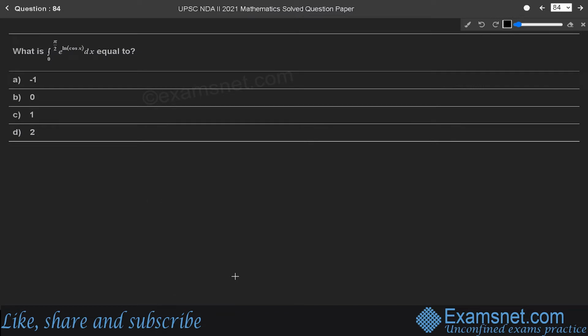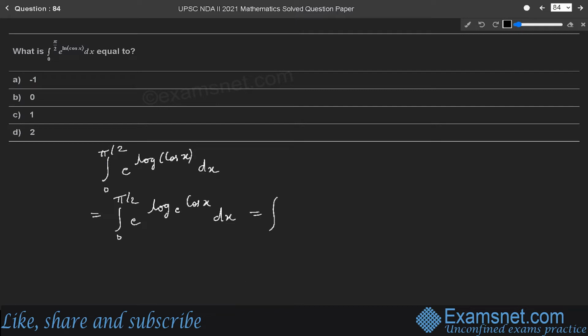Next question is, what is the integral of 0 to pi by 2 e to the power log of cos x dx equal to? We have to find the integral. Here the base of log is e. So it will be 0 to pi by 2 e to the power log base e cos x dx.